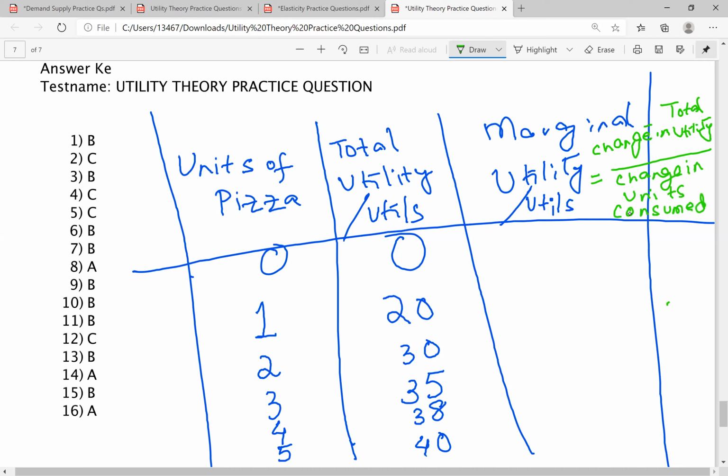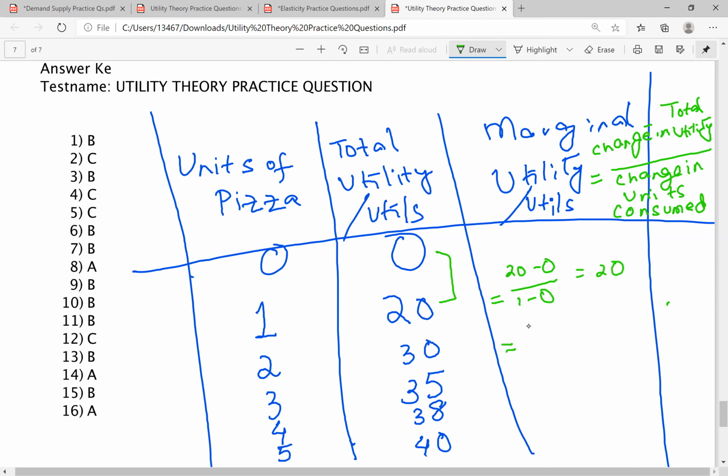Do not worry about the denominator because the denominator is always 1, as my units consumed is increasing by 1 unit. So change in total utility. This one, 20 minus 0 over 1 minus 0. This is equal to 20.